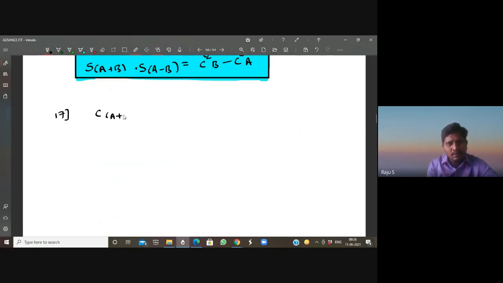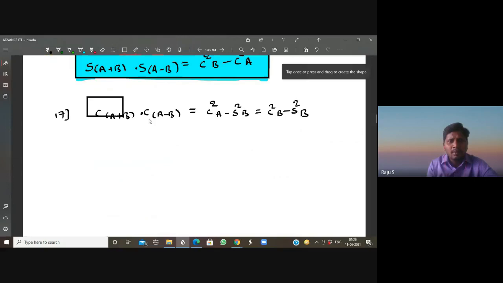Substitute the cos(A plus B) value and cos(A minus B). So at last we are going to get cos square A minus sin square B, or cos square B minus sin square A. So I have written both the formulas in one place.